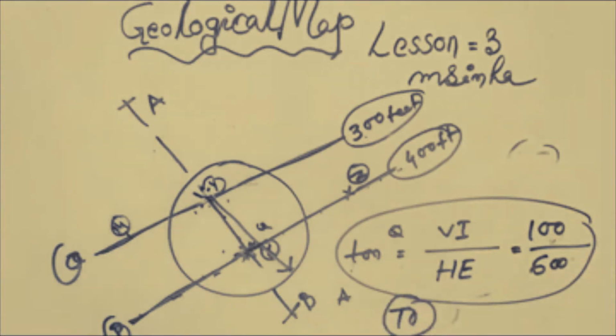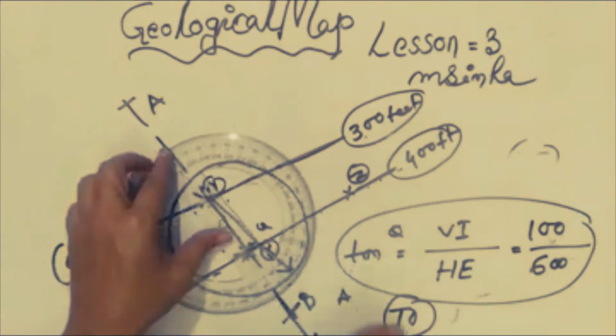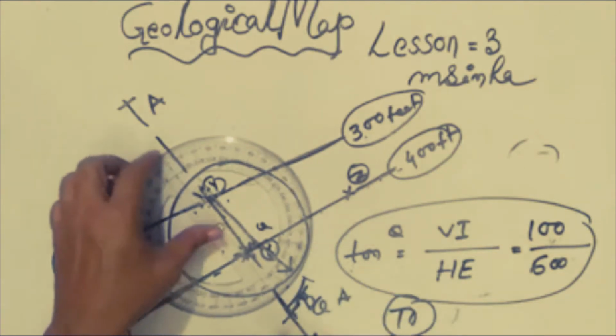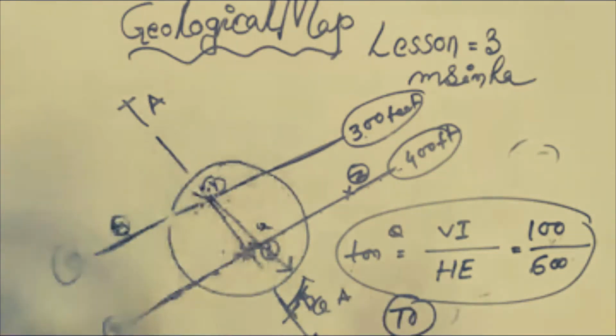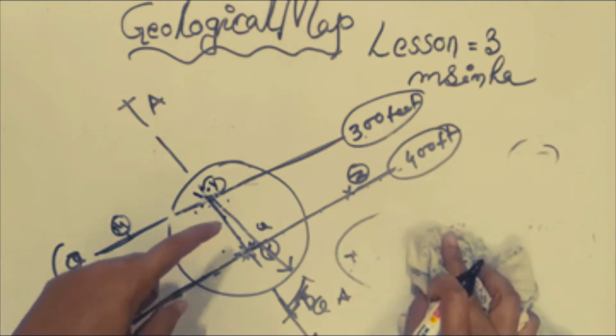Through the drawing method, if you put the zero value here and identify this angle, the value will be the same. That is the principle of true thickness and true dip. Here we are talking only about the amount of the true dip.